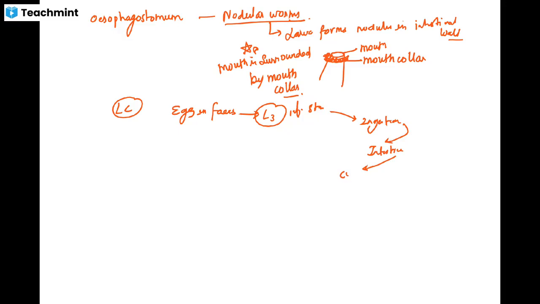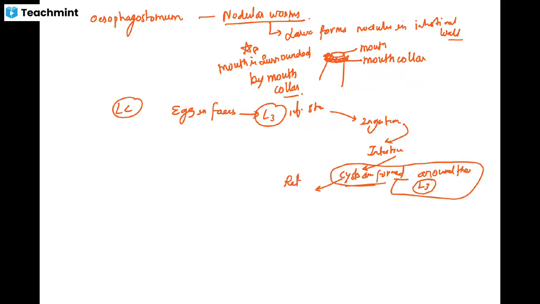Then cysts are formed around the L3, so nodules are also formed. Then it returns to the lumen of the intestine. It was attached to the intestinal wall, and then it came from the wall into the lumen.